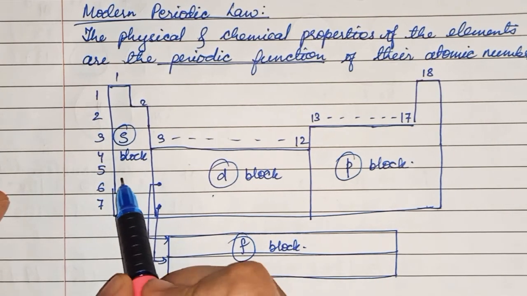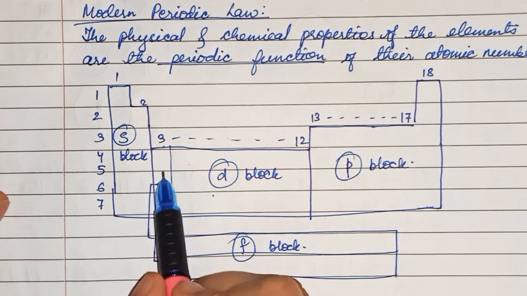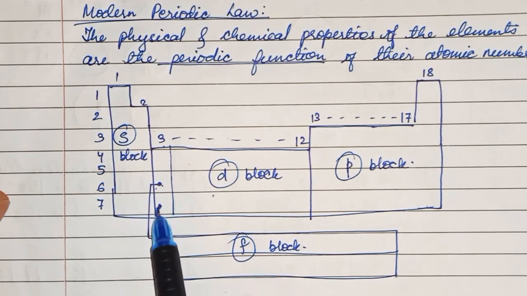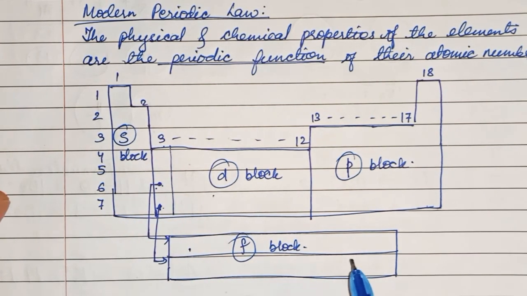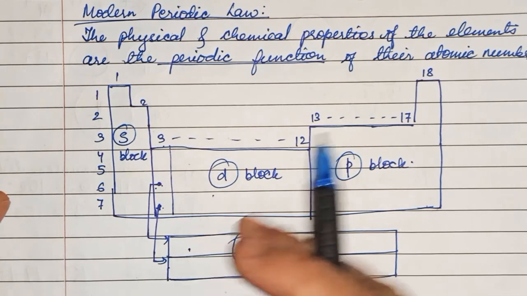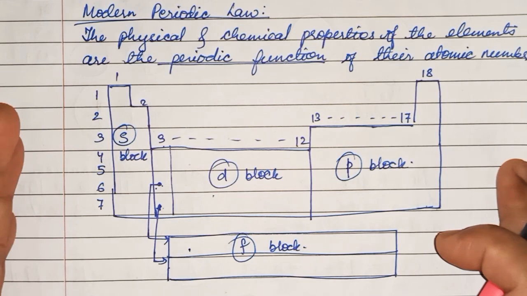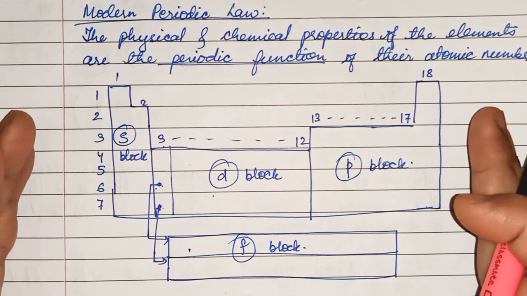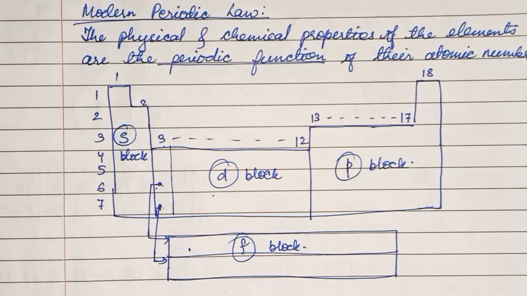One thing you have to notice here: from group number 3, period number 6, the lanthanide series will start, and from group number 3, 7th period, the actinide series will form. So this just gives an idea that the left side is the s block, the right side is the p block, in between is the d block, and the bottom is the f block.